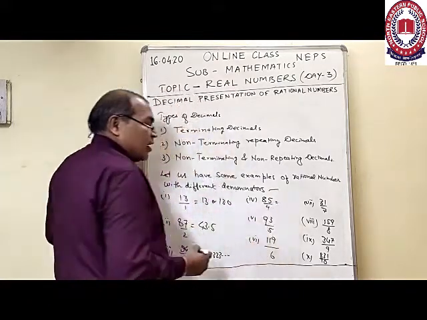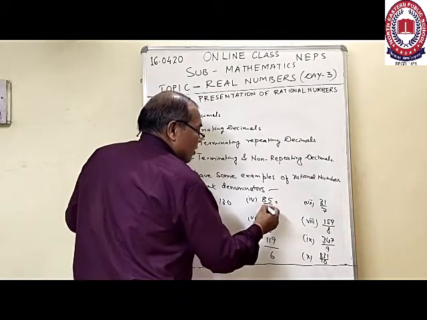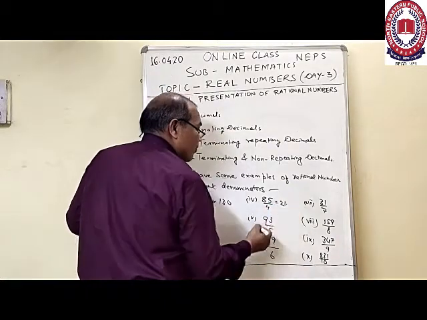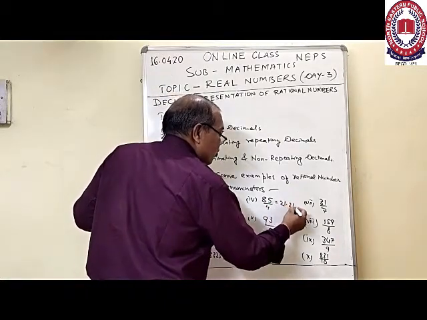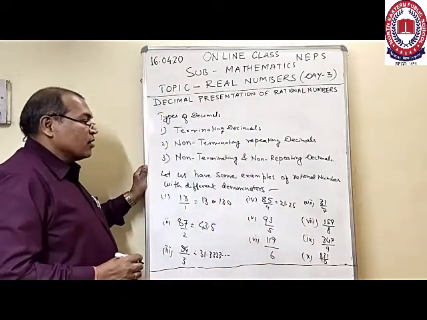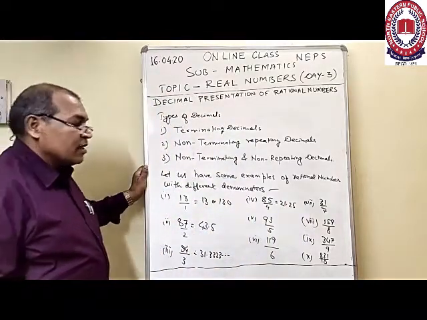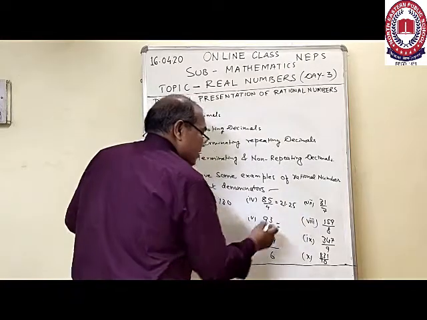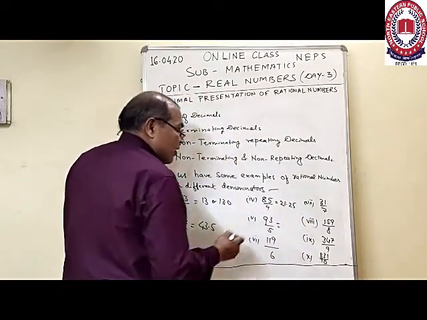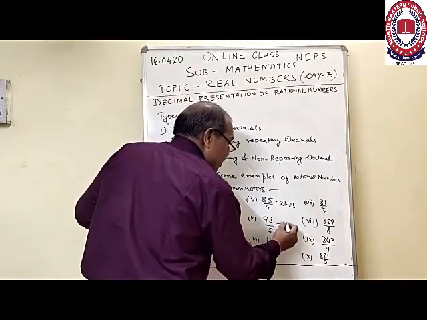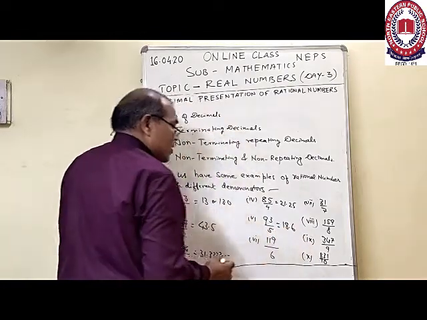When we go for 85/4, 4 into 8 is 2, 4 into 1 is 0, then 25, so 21.25 is next. 93/5, when divided, will be 18.6.